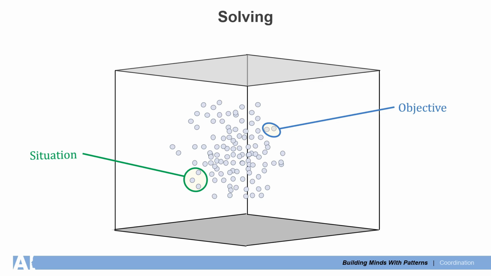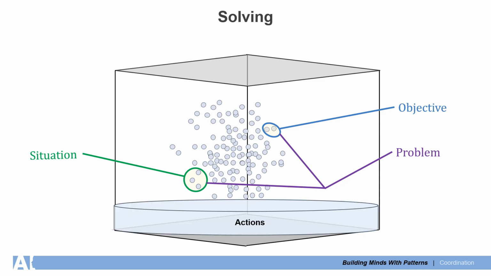And we have desired objectives, whether an observable or event or some combination thereof, which is not currently activated in the observable empirical reality. The gap between the situation and the objectives is called a problem. And the game is to find some action or group of actions that will activate the objective or objectives in the observable empirical reality.